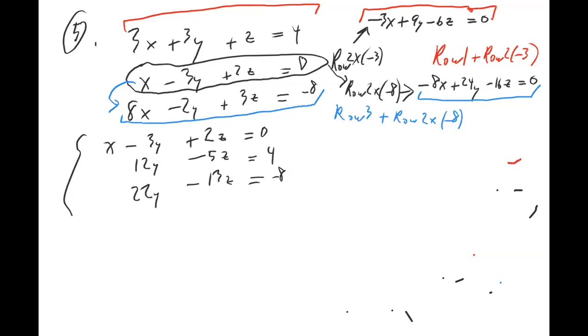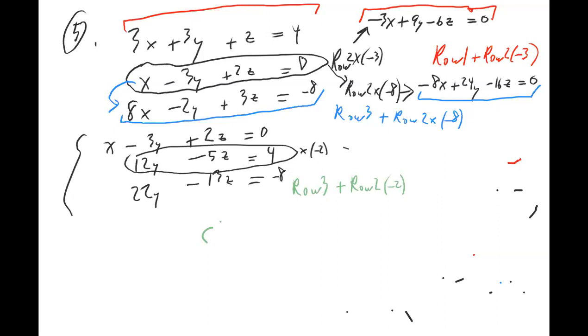Let's take the third row of this new equation right here, row 3, and let's add row 2 times -2. What would that do? Well, that's going to be row 2 times -2. If I take row 2 times -2, then it'll become -24y plus 10z equals -8.